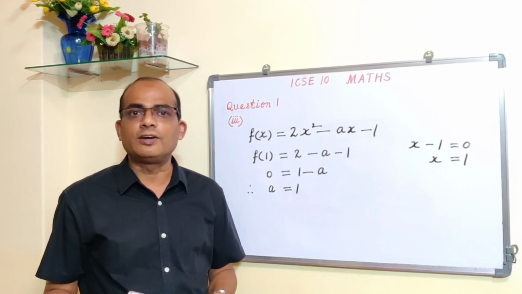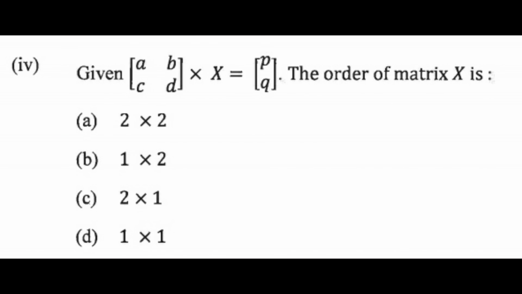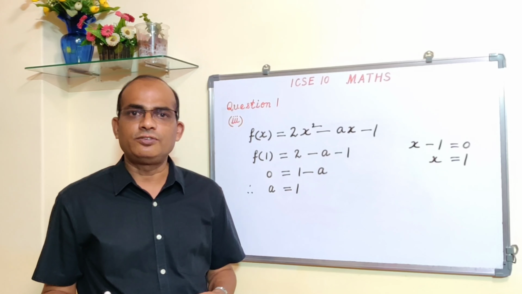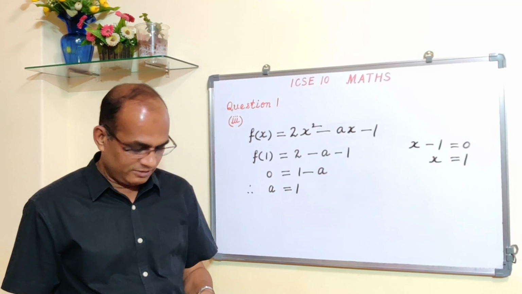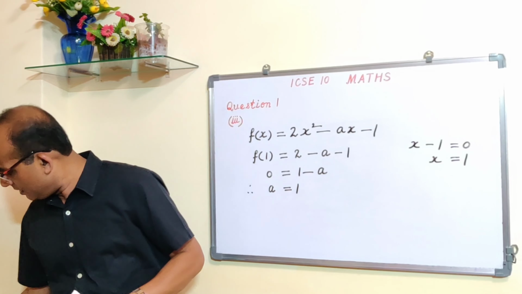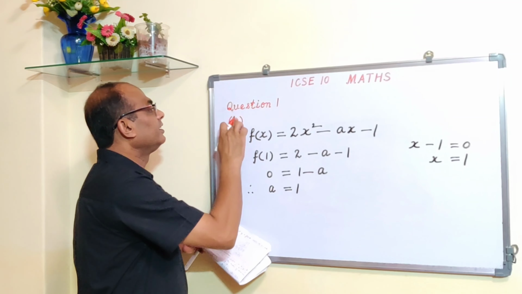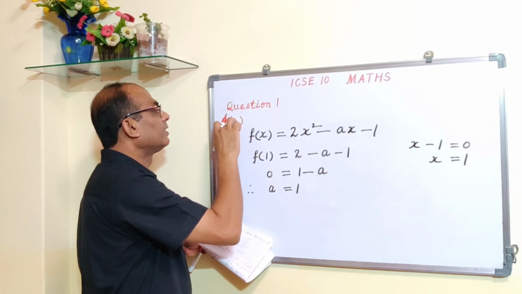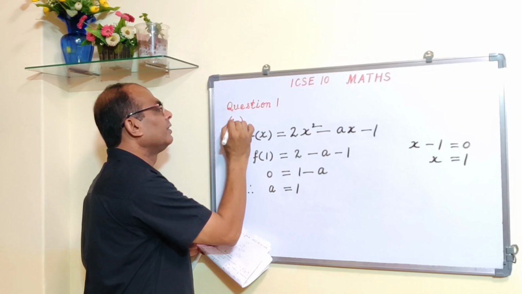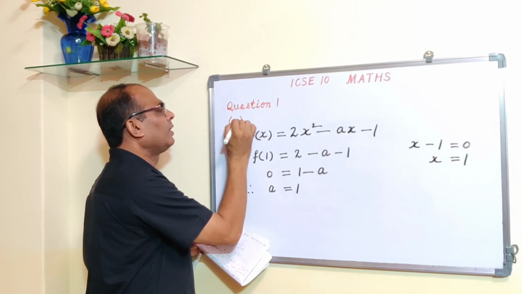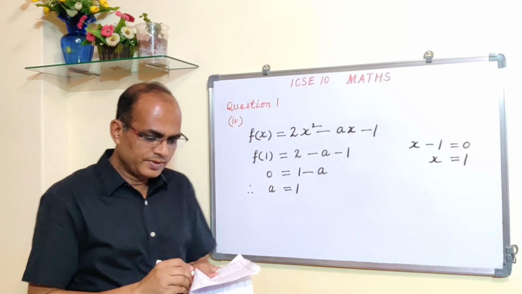Now, the fourth sub question is: given matrix A, B, C, D into X is equal to PQ matrix, the order of matrix X is, we have to write down the order of the matrix X. Alright, this is the fourth sub question.